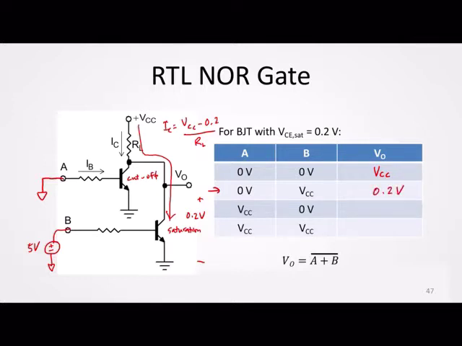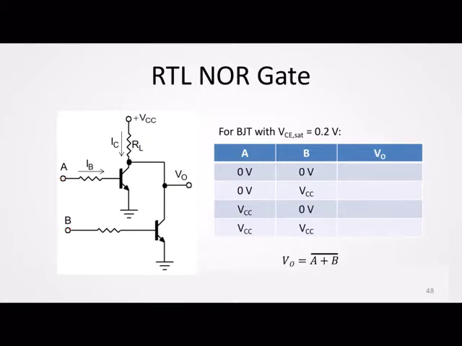Now, if you look at the reverse case, where A is VCC and B is 0 volts, the same thing happens. The transistor at the top will be in saturation and the other will be cut off. So the current would be through this path instead, and you would also have 0.2 volts at the output. Let me fill this out again: VCC, 0.2 volts, 0.2 volts.